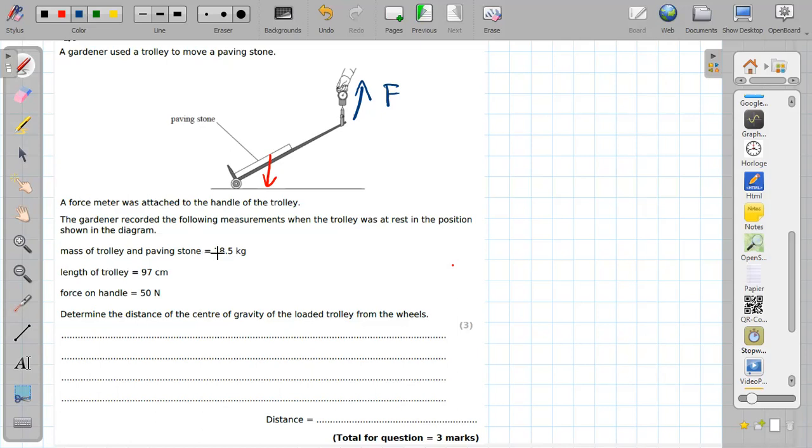Mass of the trolley and paving stone is 18.5 kilograms. The whole thing together equals 18.5 g, right? You can take this point as the pivot.